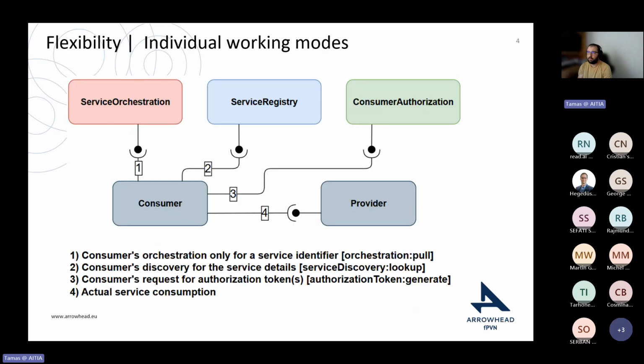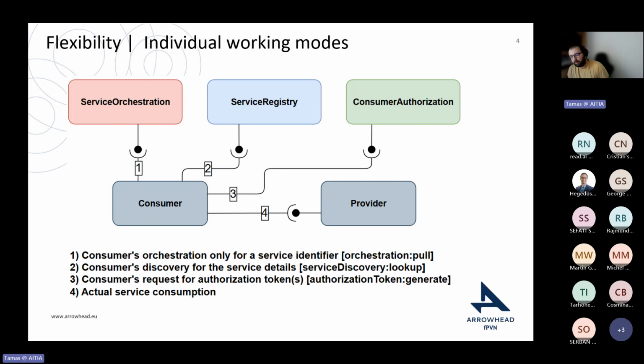This figure shows you an example of the individual working modes I just mentioned. Let's take an Arrowhead local cloud where you have a service registry, service orchestration, and consumer authorization core components deployed, but these are not cooperating with each other.